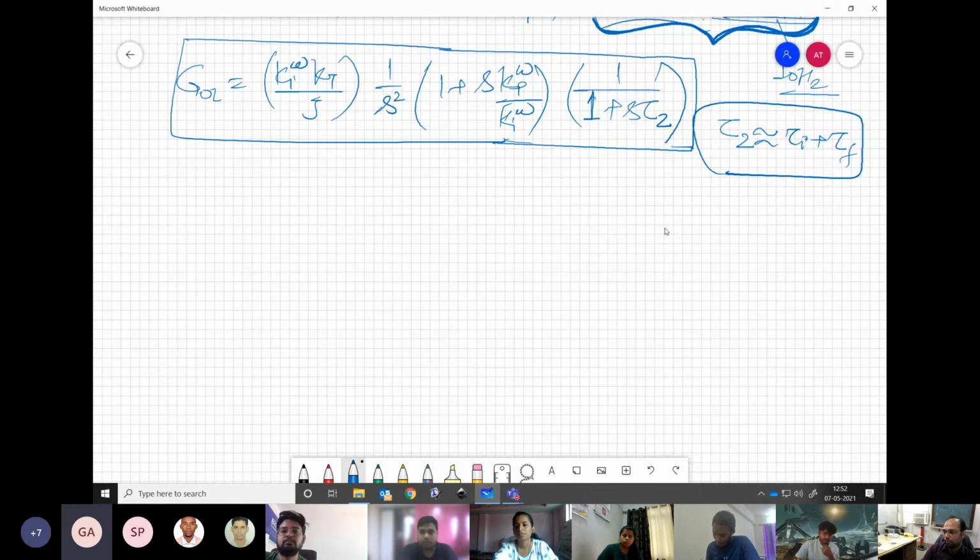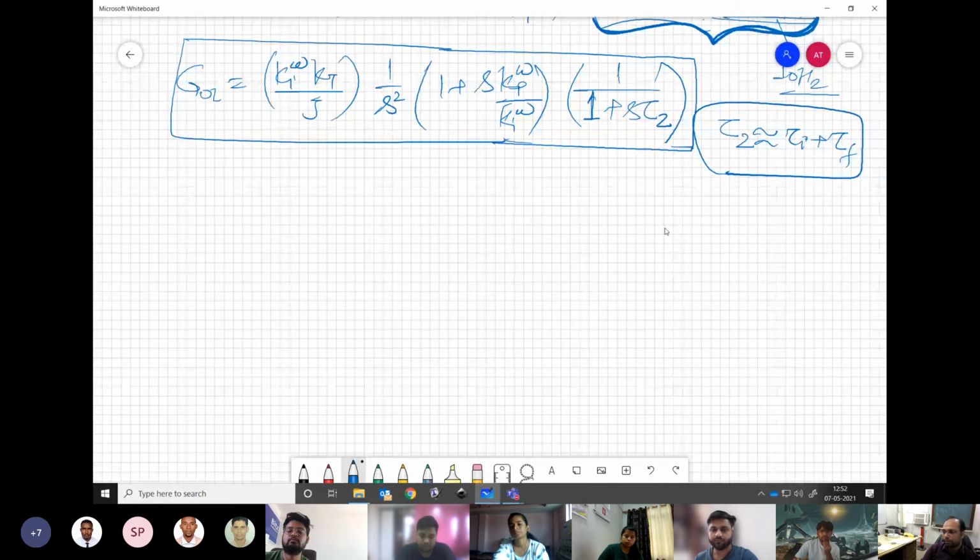So we have to use the symmetric optimum method. Yes, that is correct. But why? Because here the phase margin is always less than or equal to 0.